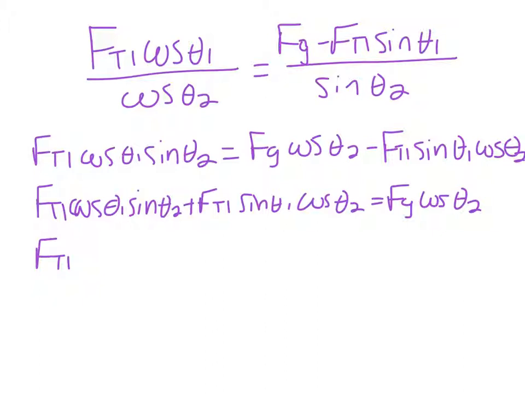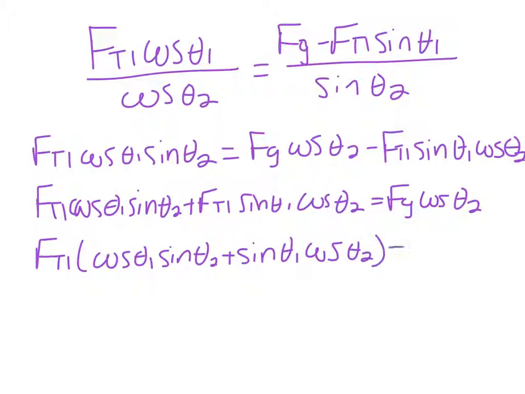Factoring out Ft1: Ft1 times cosine theta 1 sine theta 2 plus sine theta 1 cosine theta 2 equals Fg cosine theta 2.